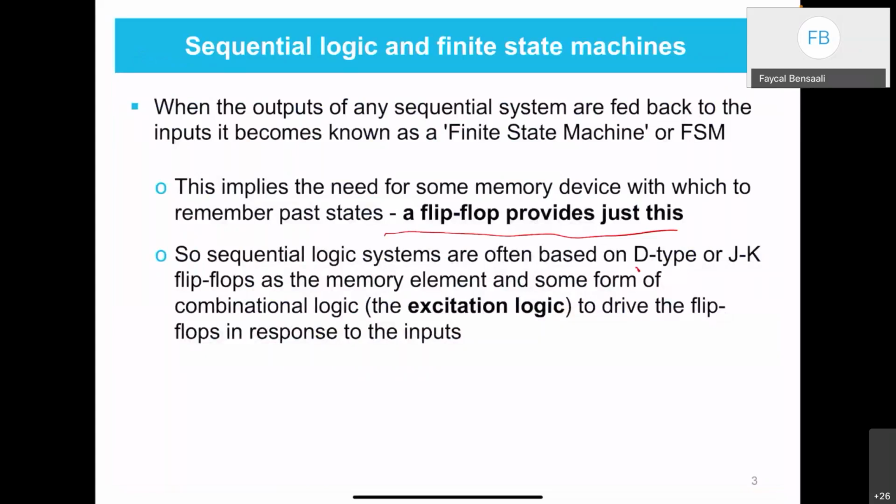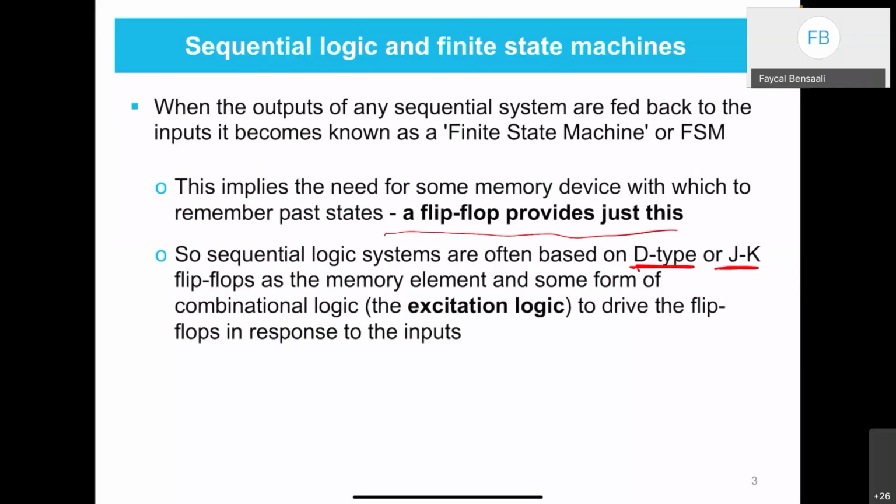So we could work with D flip-flops, or we could work with JK flip-flops. We will do both of them. In this lecture, I will just show you the D flip-flops, but in the tutorials, we will use JK. I can show you an example as well with JK here, but it's not in the slide, so we can show you an additional example. We can work with both. You can decide which one you want to use. But we don't mix. You use one, you continue with one.